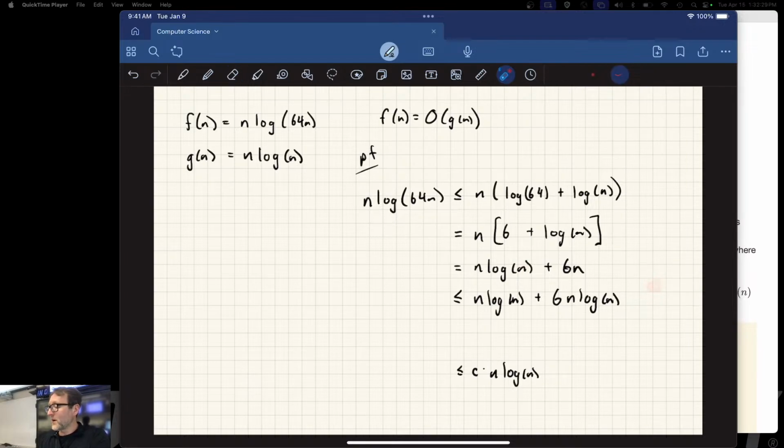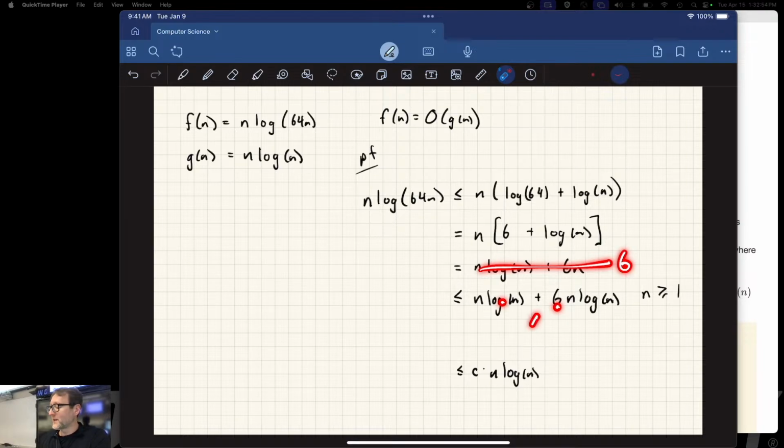Is it true for n greater than or equal to 1? Well, what happens with 1 here? What's the log of 1, in any base? 0. So this ends up being 1 times 0, and then this ends up being 1. So this entire thing becomes 6. This becomes 0. This becomes 0.